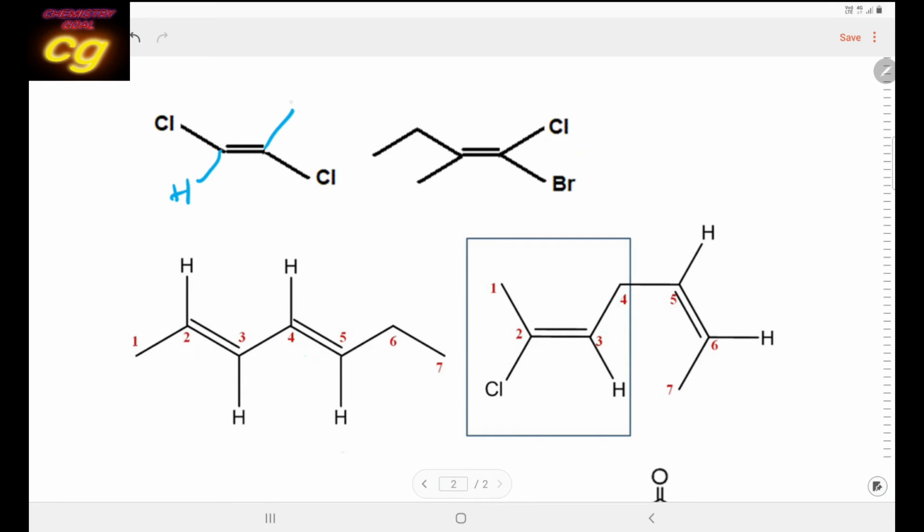Here also we can write hydrogen here. Here carbon attached to hydrogen, carbon attached to chlorine. So it is 1 and it is 2. In this case it is 1 as chlorine has higher atomic number and this is 2. So here 2 2 1 1 opposite sides, that's why E. This is the E isomer.